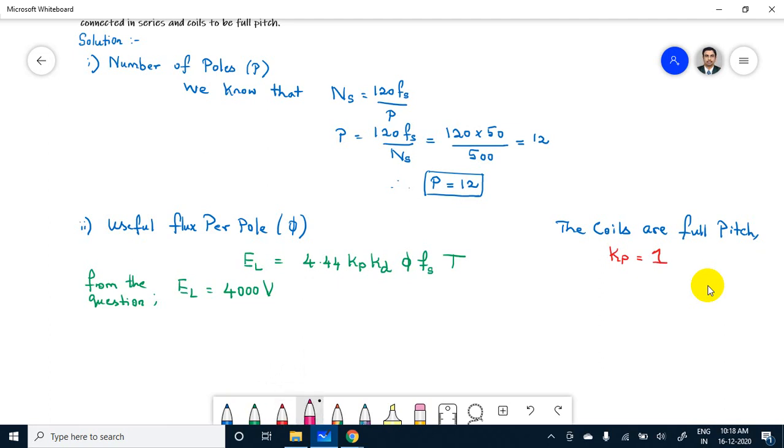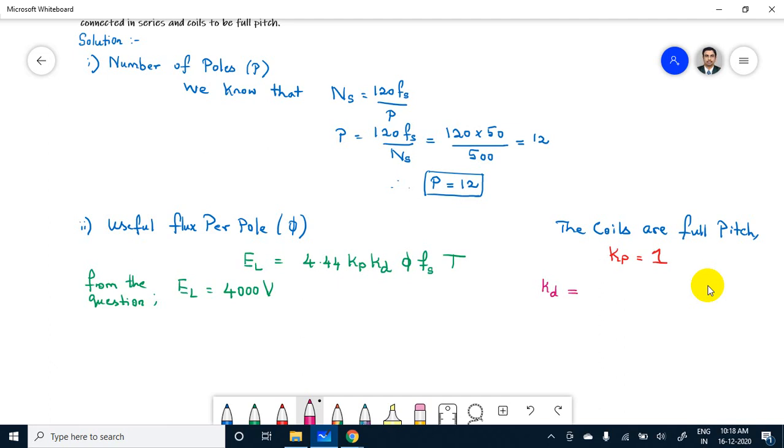Now we are going to calculate Kd. Kd is the distribution factor. Can anyone give me the formula for Kd, distribution factor?